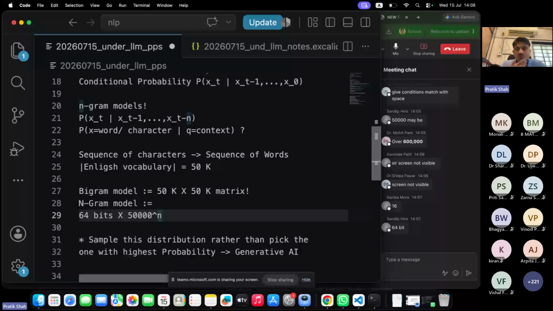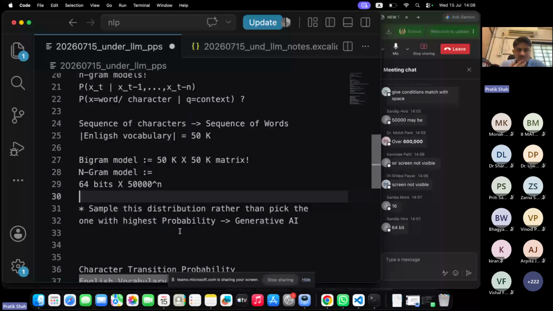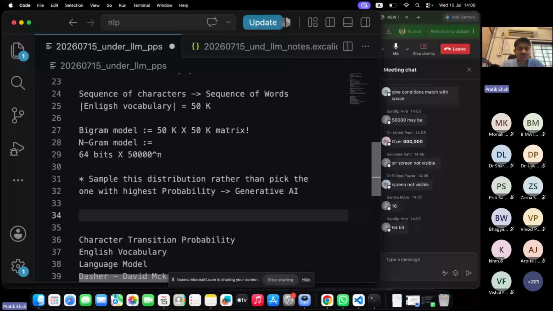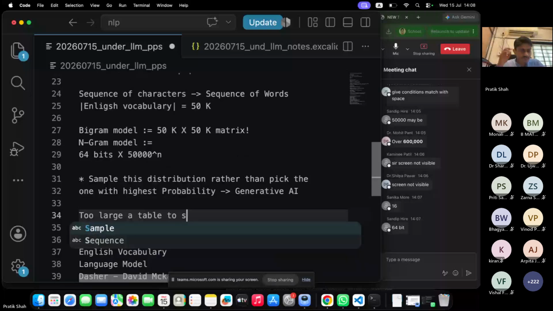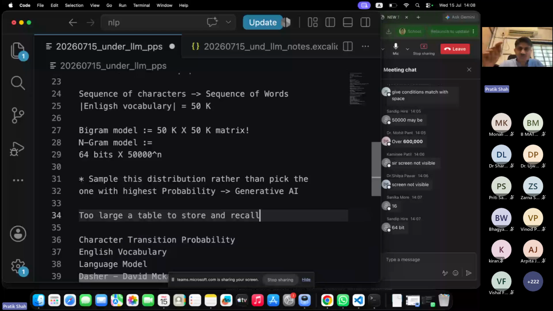So there has to be a way to work with some sort of approximator which will approximate this conditional probability table. I'm now using the word: too large a table, store and recall. It is one thing to store data, it is another thing to recall the data, correct?